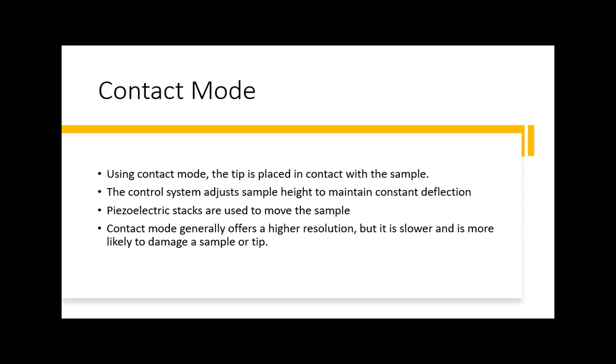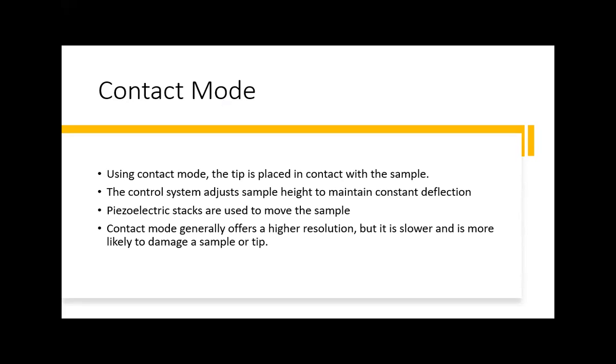The first mode I'm going to talk about is contact mode. Essentially, the tip is in contact with our surface, as the name implies. The sample is on a piezoelectric stack, which basically allows us to move it in X, Y, and Z really finely.